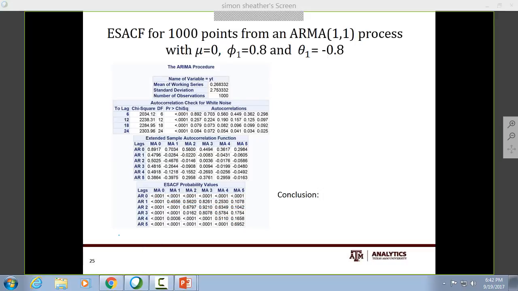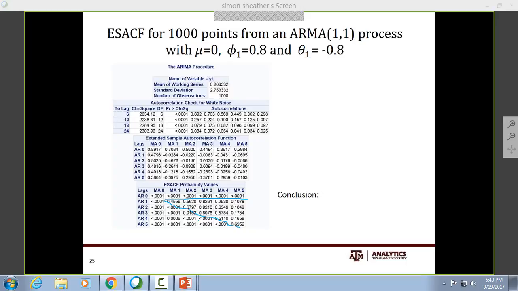Tell me what you'd like. You want AR3, right? The question is, if we draw the triangle like you suggested, starting with the AR1, MA1, and then we come down, there's going to be values, like AR4, that are outside of the triangle and statistically significant.